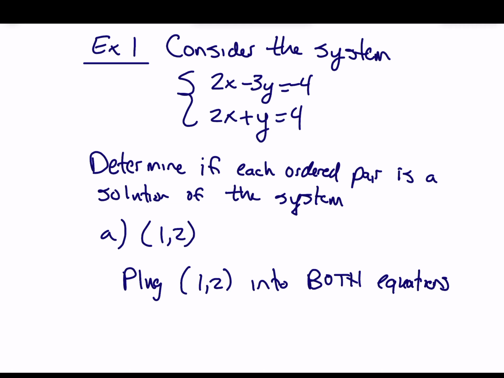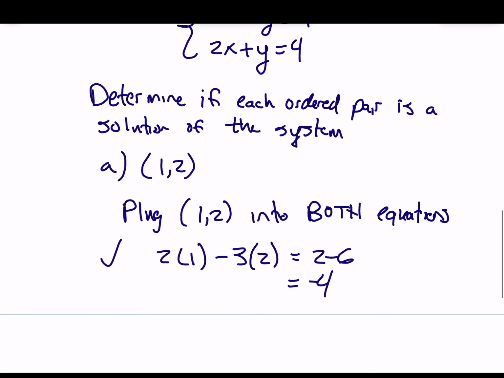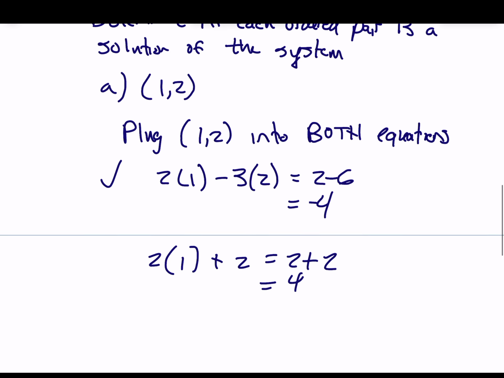Okay, so in our first equation, we have 2x minus 3y equals negative 4, so we'll plug in the point (1, 2), so 1 for x and 2 for y. 2 times 1 is 2, minus 3 times 2 is 6, so that's 2 minus 6, which is negative 4. So that works. That is a solution for that equation. And then we'll plug into the second equation, which is 2 times x plus 1 times y, and y is 2. And we get 2 plus 2, which is 4.